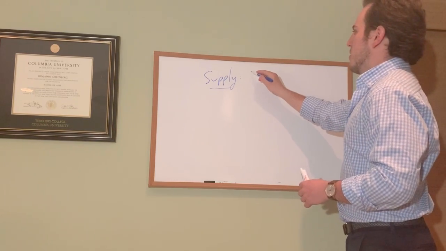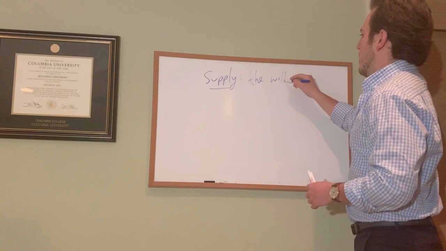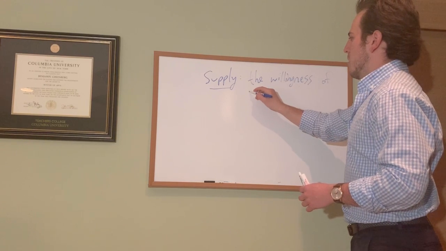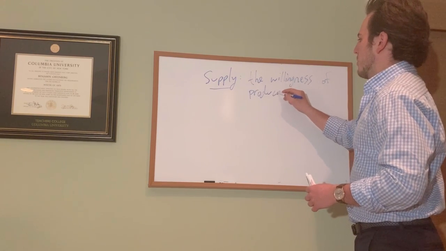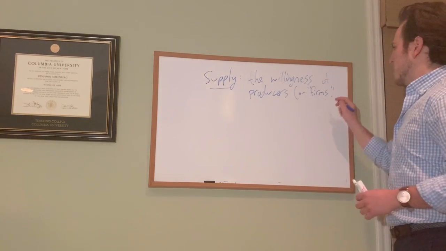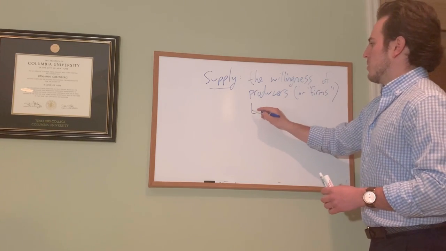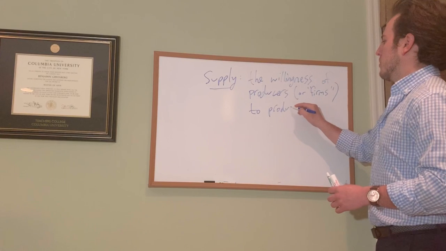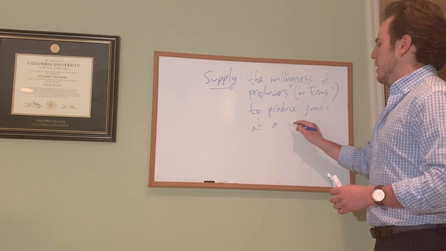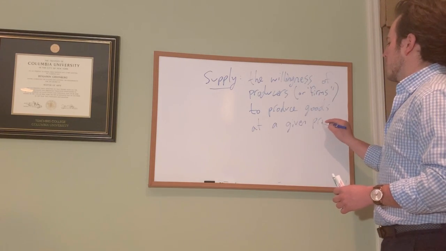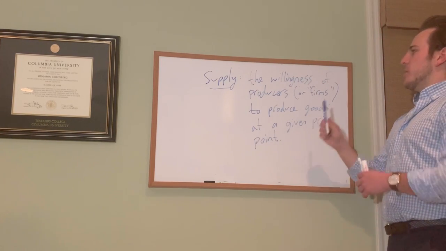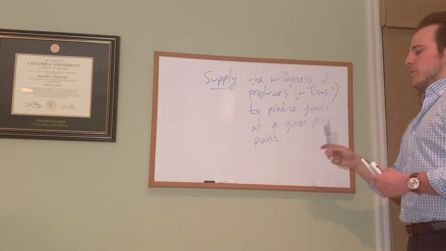But supply is the willingness of producers or firms, okay, firms means businesses in economics, to produce goods at a given price point. All right, the willingness of producers or firms to produce goods at a given price point.